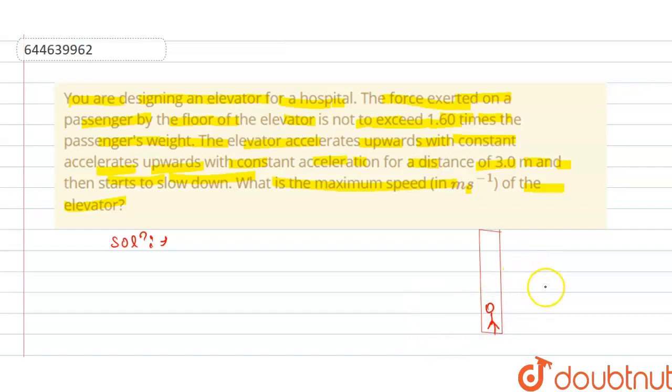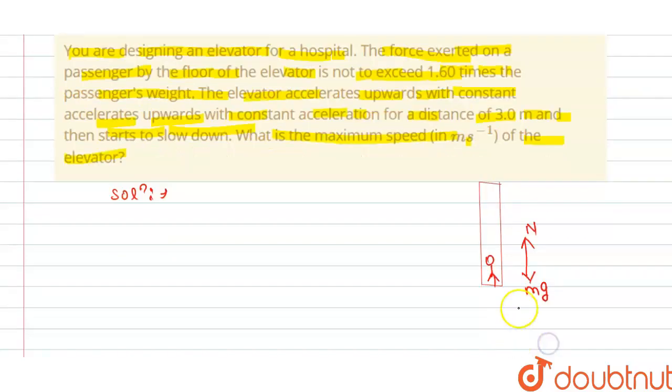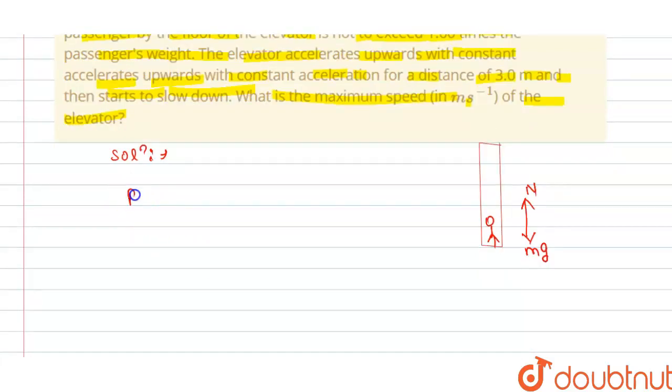The normal force is acting in this direction, and mass times gravity is acting in this direction. So from this we can write that the force on the person is equal to the summation of vertical forces, and this equals mass into vertical acceleration.